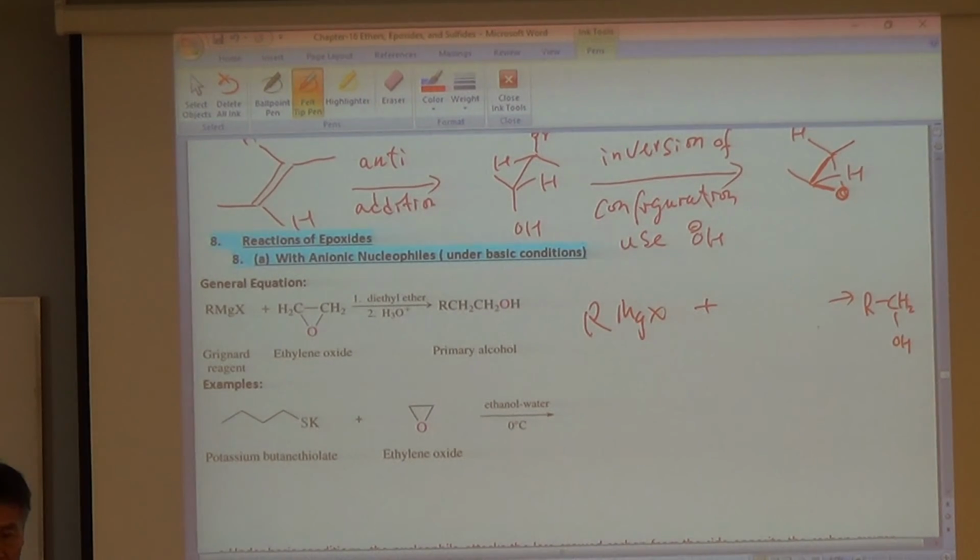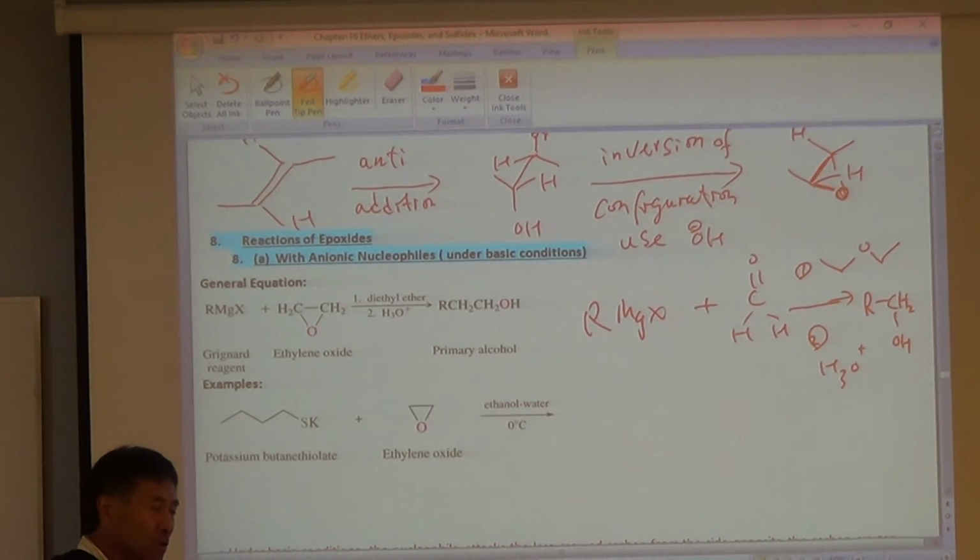What we used in the last chapter is formaldehyde. And to get this with a Grignard, you have to use 2 steps. Your first step must be in an aprotic solvent. Then your second step, you use an acid to protonate what you produced. So sometimes you want to see how much more carbon you want to add and produce a primary alcohol relatively simply.